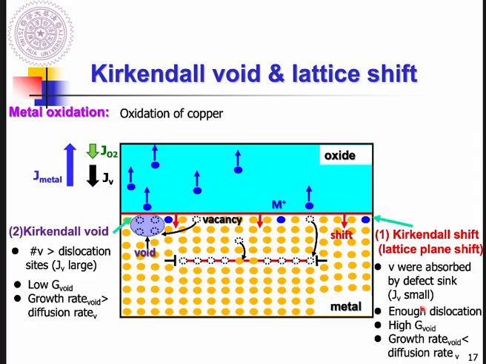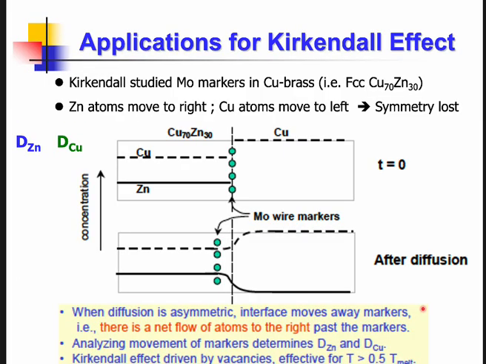And the last one: besides this metal oxidation, you can also consider an application of the Kirkendall effect to learn more about the diffusivity of zinc versus copper. What we have here is a diffusion couple. On your left-hand side, we have a copper-zinc alloy bonded with pure copper.